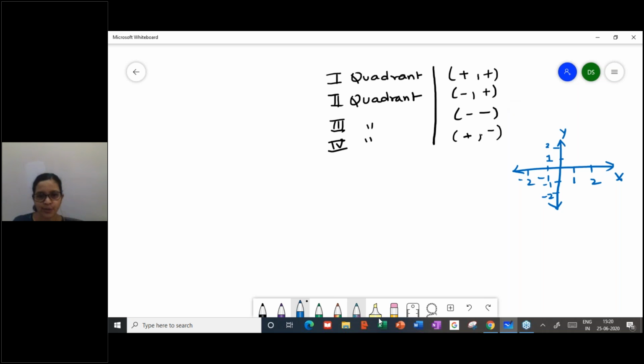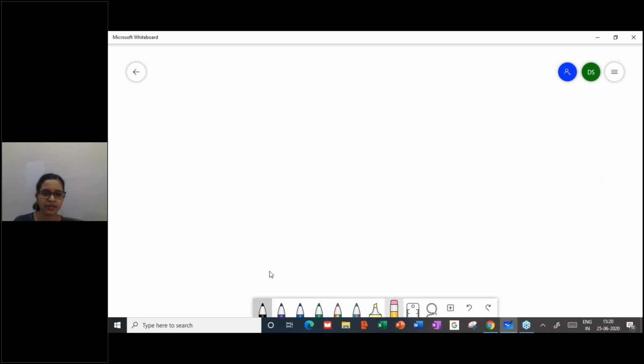Use whichever way you're comfortable with. As you practice the sums, you'll get the hang of it, and you'll see the point and know which quadrant it lies in.